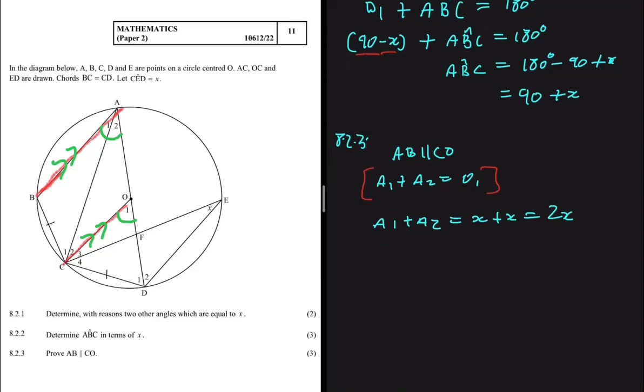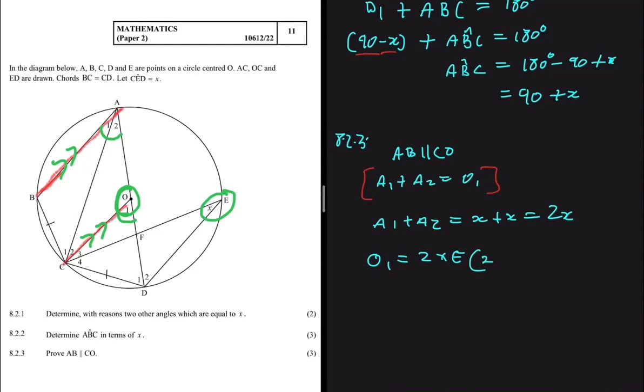So O1 here should be 2 times angle E, and angle E is X. So it will be easy to see that O1 is equal to 2 multiplied by angle E. Why are we saying that? The angle at the center should be 2 times the angle at the circumference.